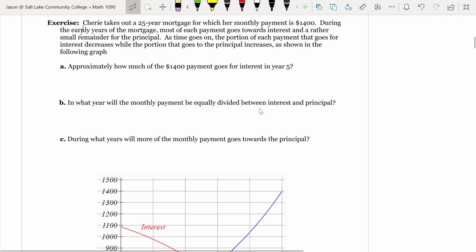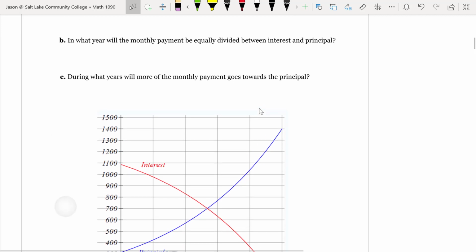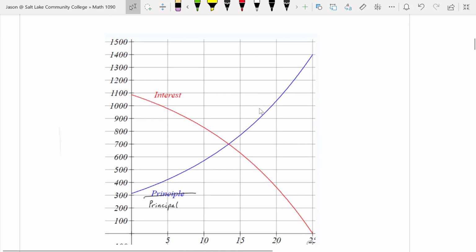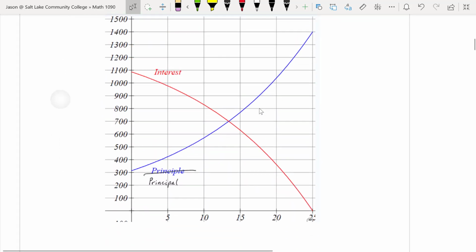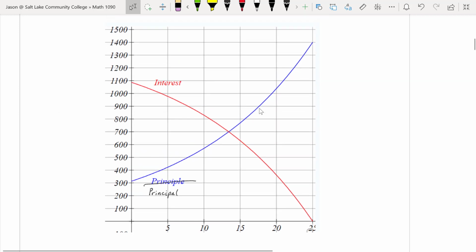So let's take a look at this graph. On the x-axis here we have time measured in years, and on the y-axis we have dollars, it looks like. So this shows how much she's paying towards the principal of the loan and how much she's paying in interest.